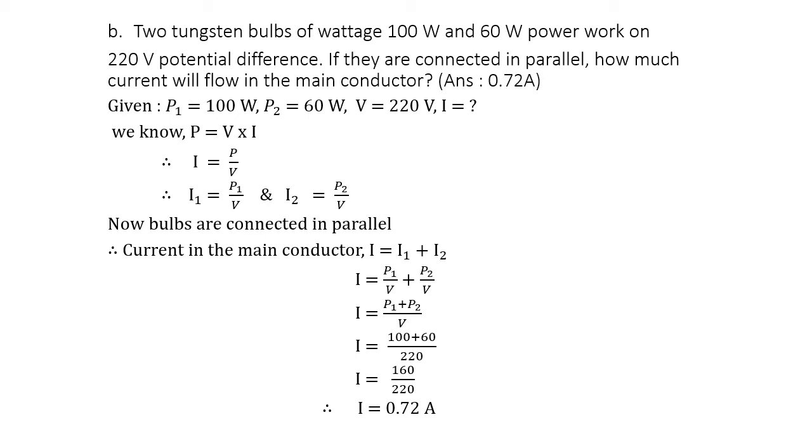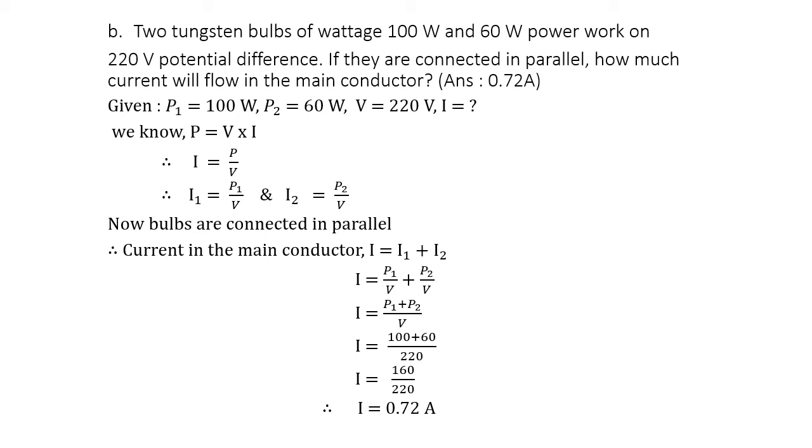But now here the bulbs are connected in parallel. So when they are in parallel, the current is going to be the sum of the currents flowing in the different components, but the potential is the same. Therefore the current in the main conductor, that is the resultant current, is equal to the current from the first bulb plus the current in the second bulb.